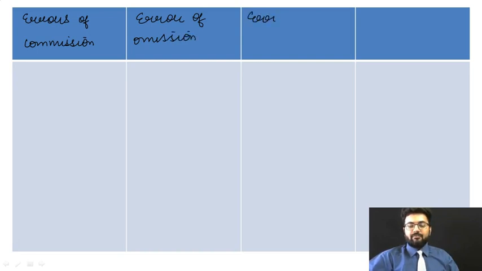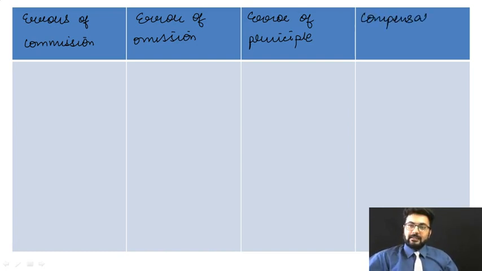Then it's error of principle. We have been using these terminologies for so long, and I have not explained even a single word to you. And then it's compensating errors. There is nothing known as compensation errors; I have just used it because I have written that previously as well.